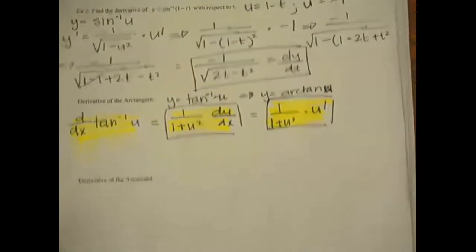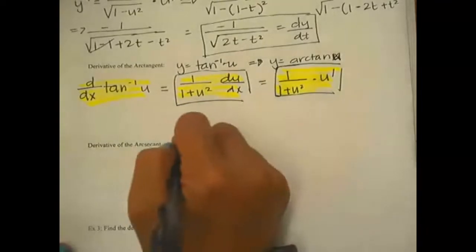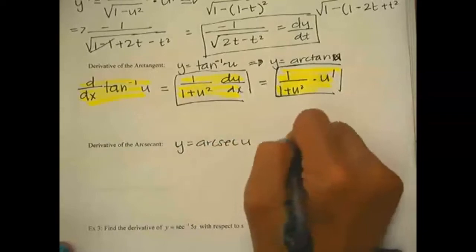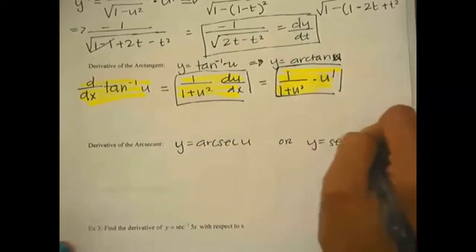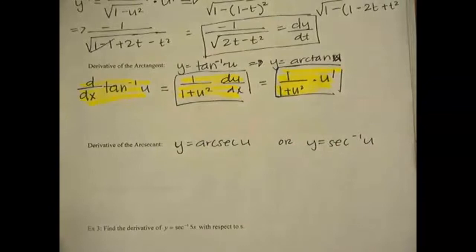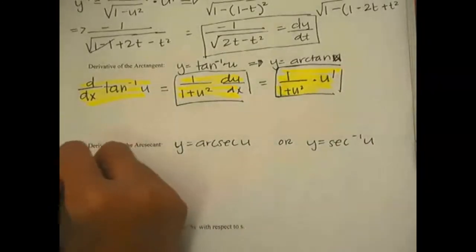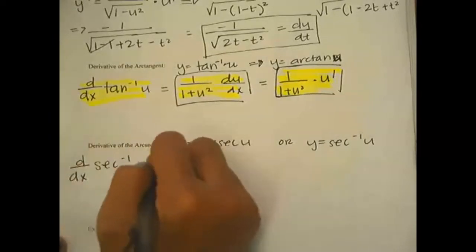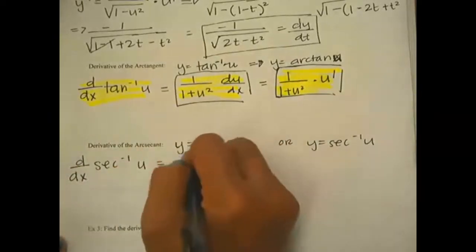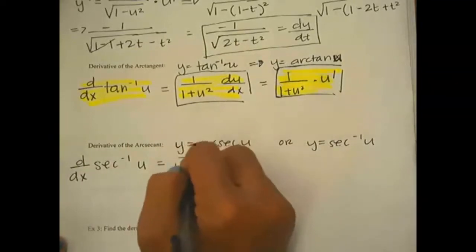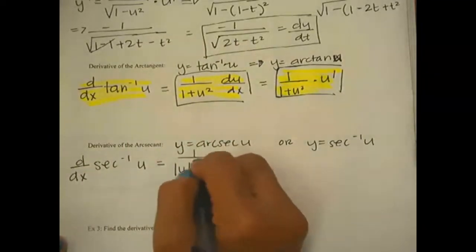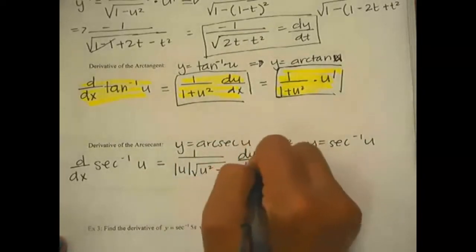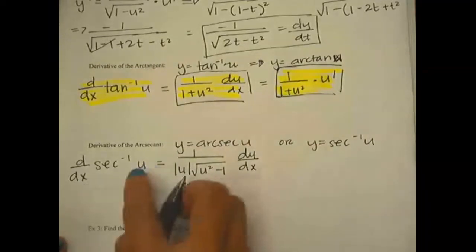Third equation for the inverse, y equals arcsecant of u, or y equals secant inverse of u. Okay. The derivative with respect to x, by the way. If you have secant inverse of u, you can have 1 over the absolute value of u times the square root of u squared minus 1, times du dx, because I'm taking the derivative with respect to x, not u.